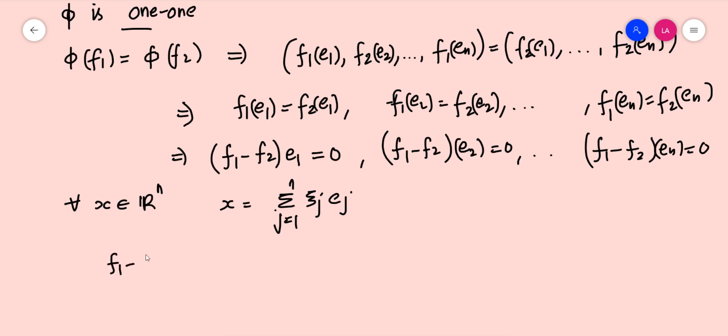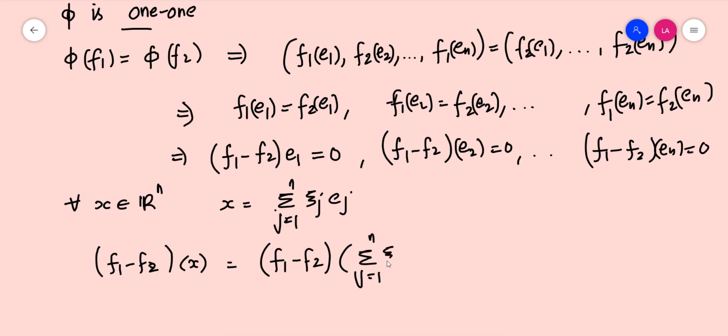Now, f1 minus f2 of x should be equal to f1 minus f2 of summation j is equal to 1 to n zeta j ej.